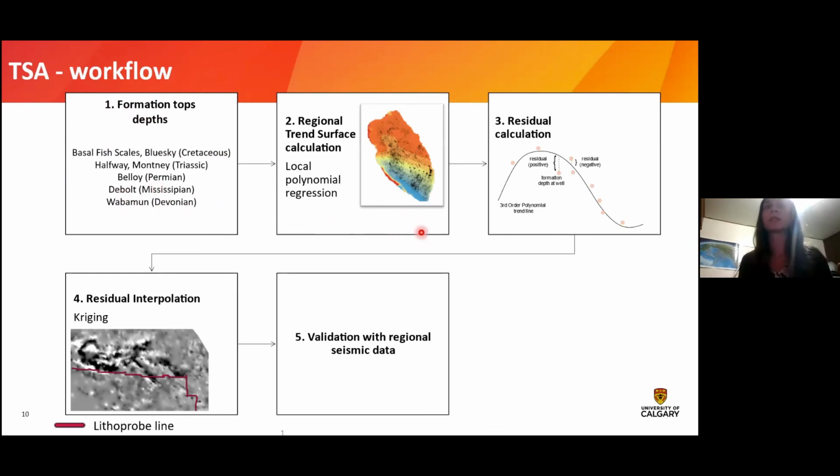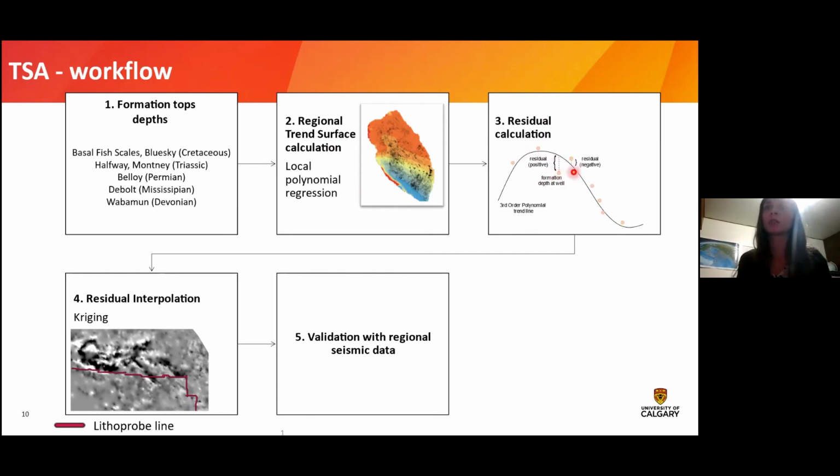So based on those formation tops, we are calculating the regional trend surface using local polynomial regression, to create a surface which presents the regional trends of the formation without some local lineaments and local structures. So once we have this regional surface, we can calculate the residuals, which is basically the difference between what was interpolated as a regional trend surface and the formation tops that were picked by the geologist.